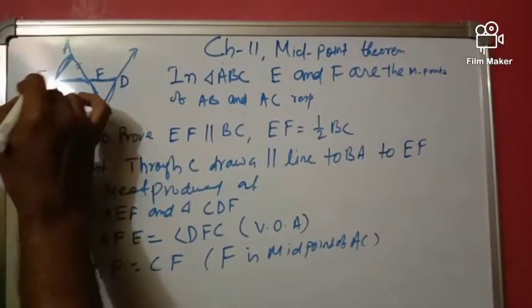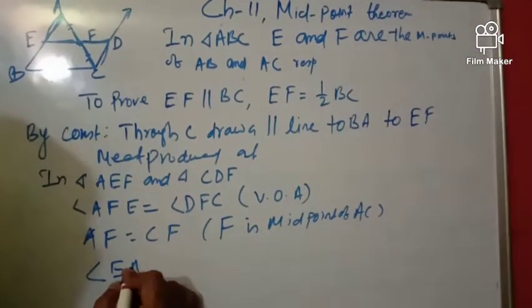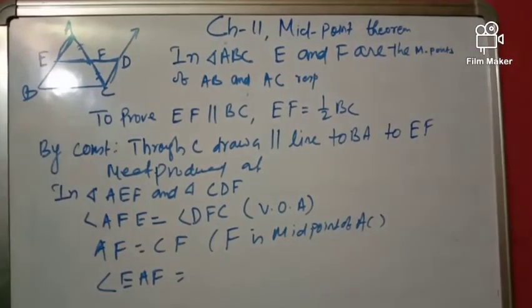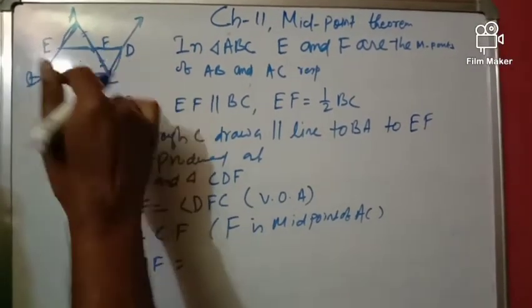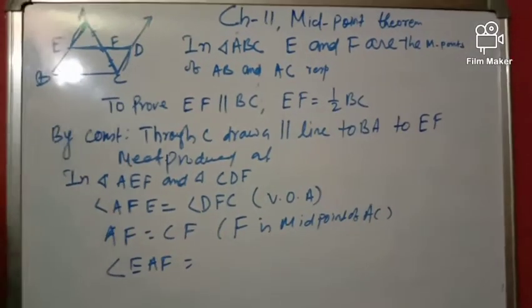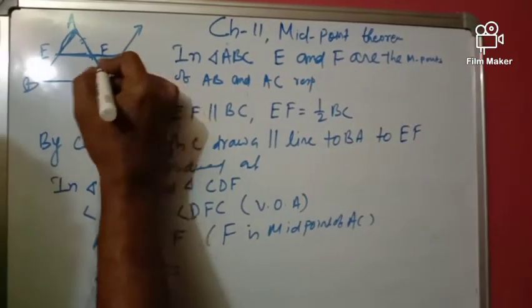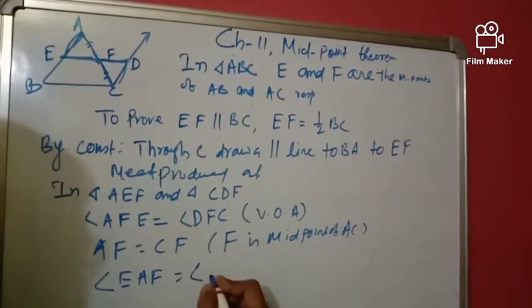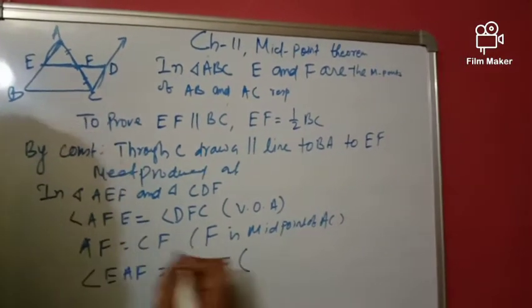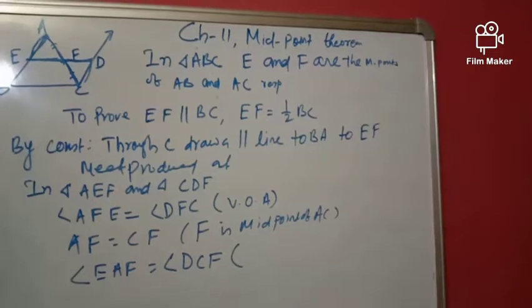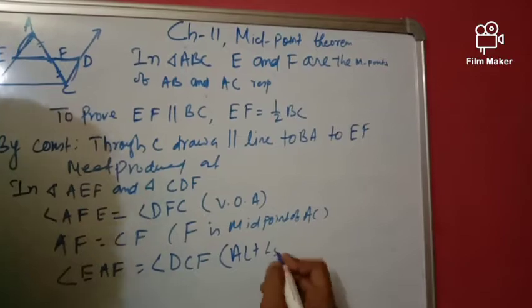Now angle EAF equal to angle DCF. They are equal. Why? Because alternate angles are equal.